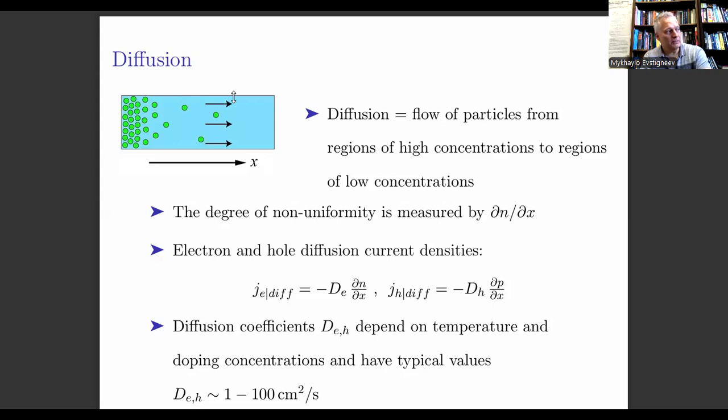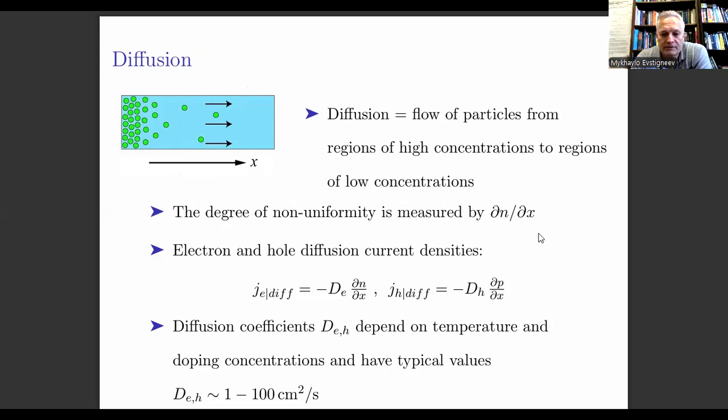Now you can apply the same description to think about electrons and holes in a semiconductor. But for now, let us think about particles in general. This can be electrons or holes or atoms or molecules of some substance. So the diffusion flux density can be described mathematically using what is known in physics and in mathematical physics as Fick's law of diffusion.